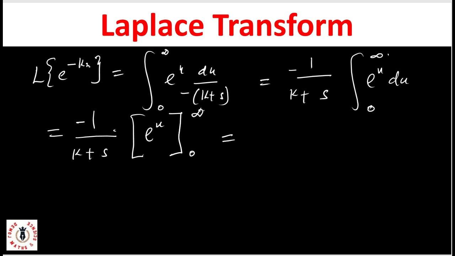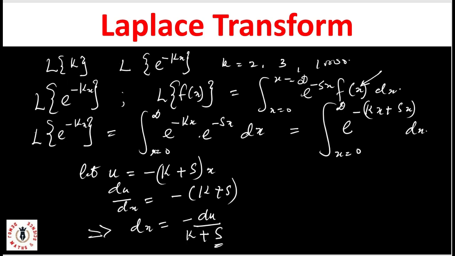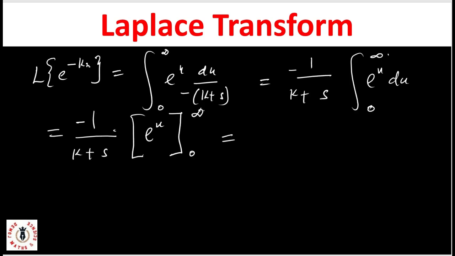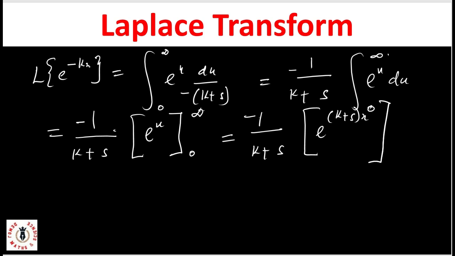Remember we have said that u, when we're dealing with it as a function, is the same thing as minus (k plus s) times x. I can easily rewrite this now as minus 1 over (k plus s) times e raised to power minus (k plus s) times x, ranging from 0 to infinity.